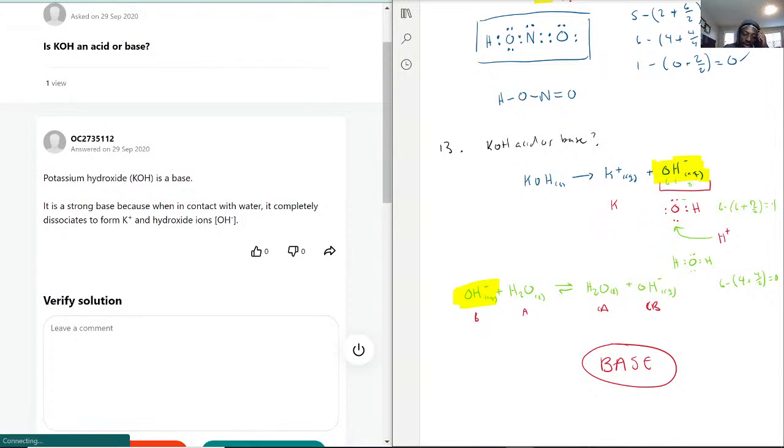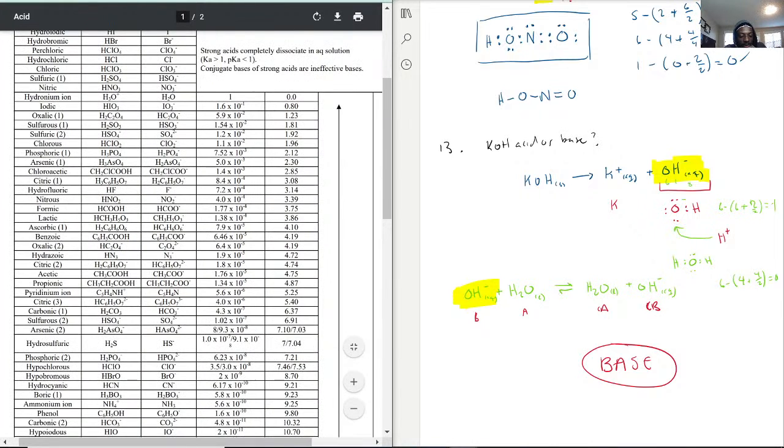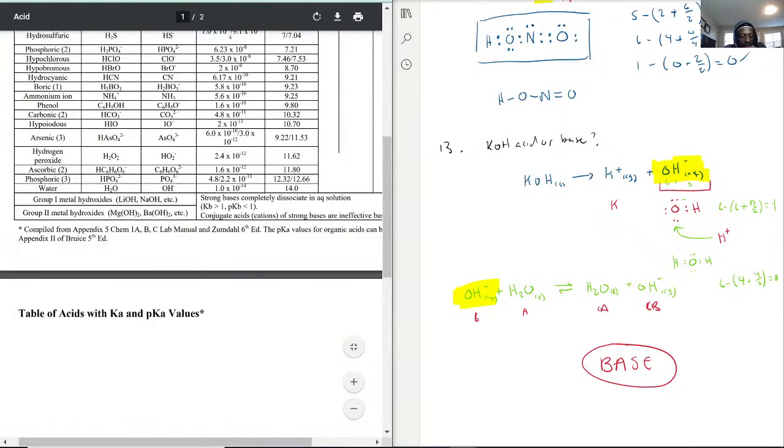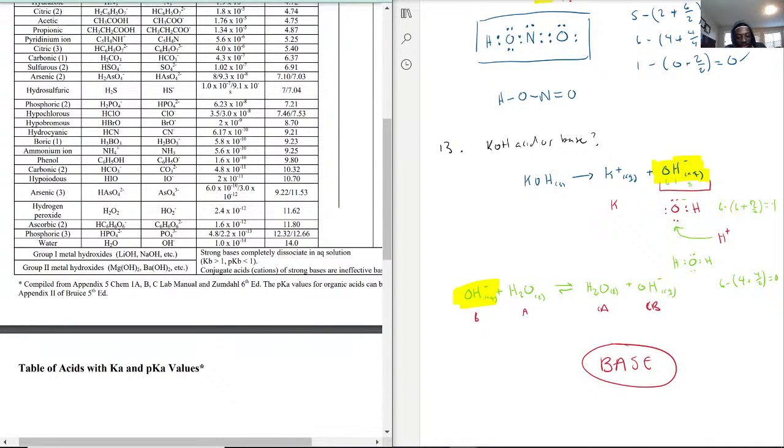So exactly. With that being said, it is a base, and I wanted to show you this because if you scroll down on our table of values, OH- is considered one of the strongest bases you can have. So KOH would be working as a base because as soon as it produces hydroxide, it's going to make the solution more basic.